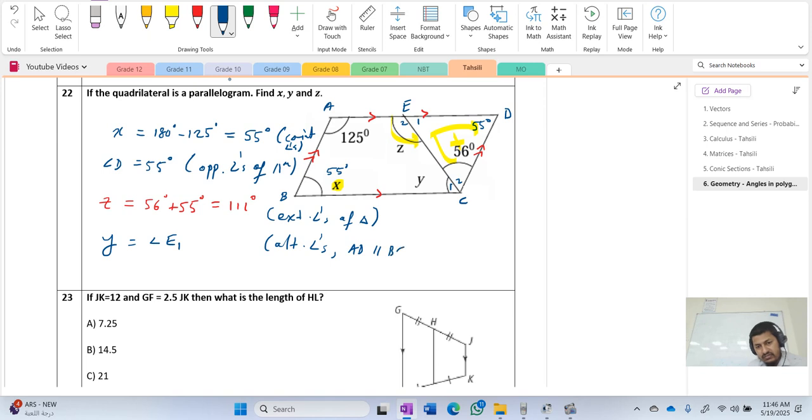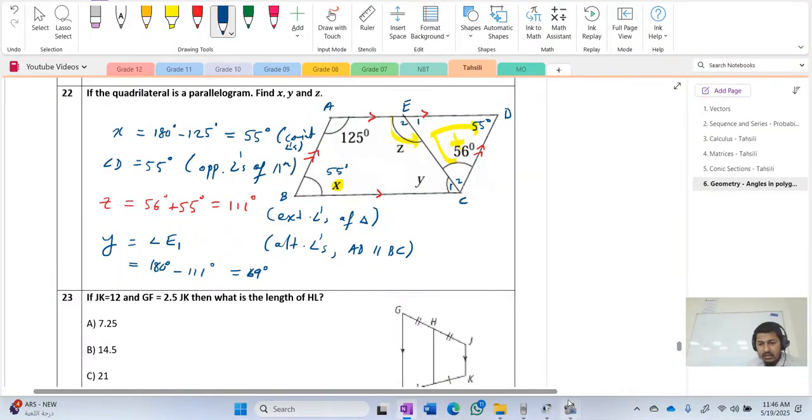Next question: if JK is 12, and GF is 2.5 JK. What does 2.5 JK mean? It means 2.5 times the length of JK. What is the length of HL? First we need to find 2.5 times JK.